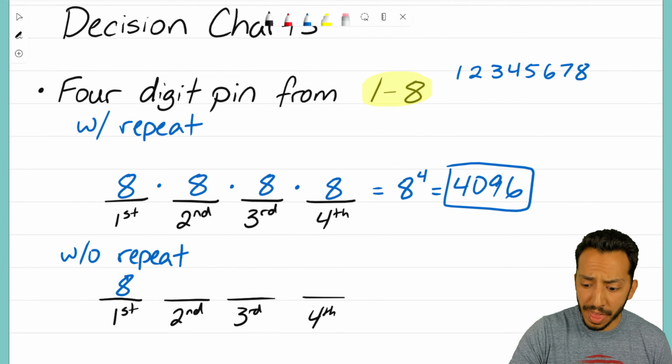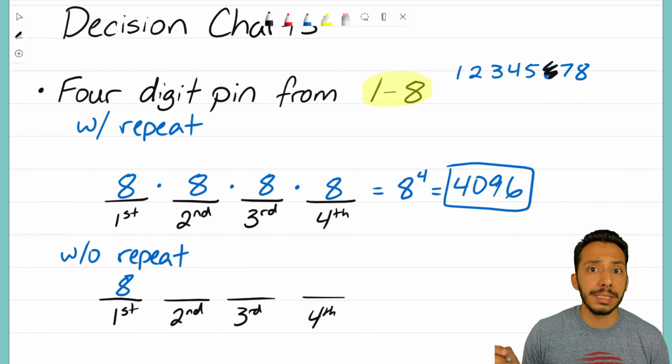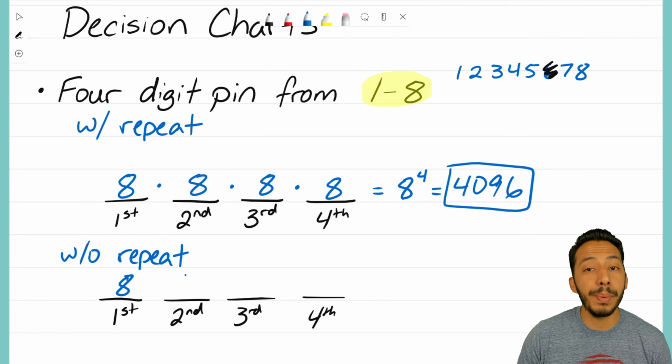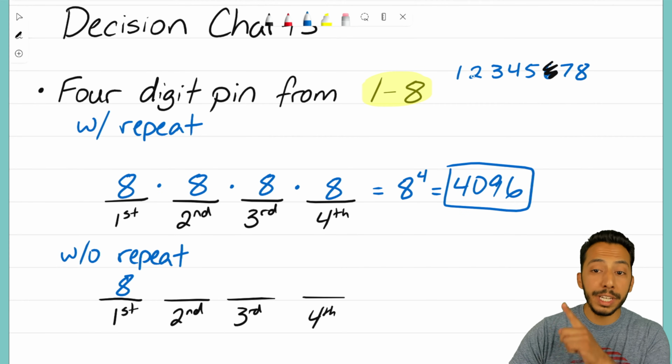Let's say, for example, that number was 6. Now I can't choose 6 again, right? 6 is no longer an option when I'm not allowing repetition. So when I get to my second digit here, how many possibilities am I going to have? It's no longer going to be 8 because right up there, I've crossed out that 6.